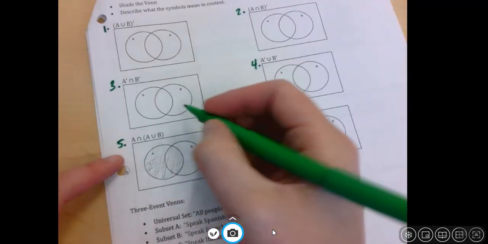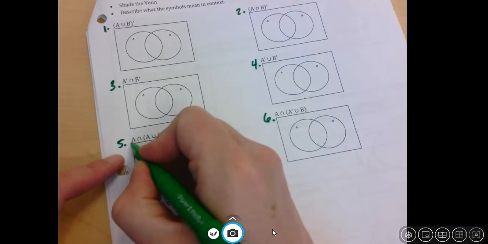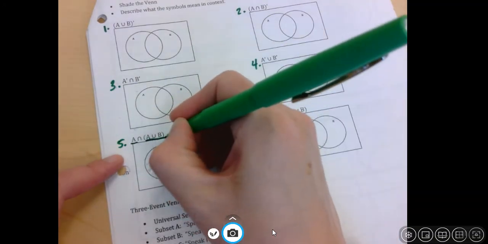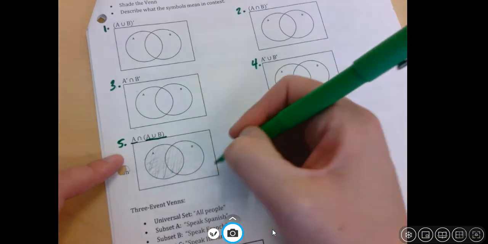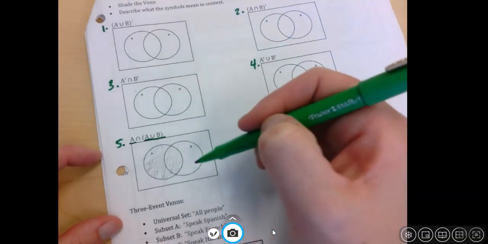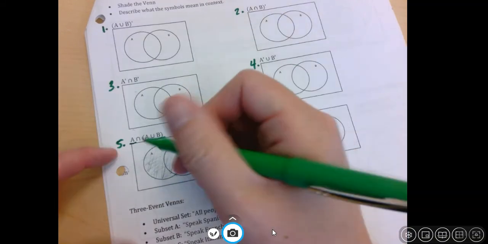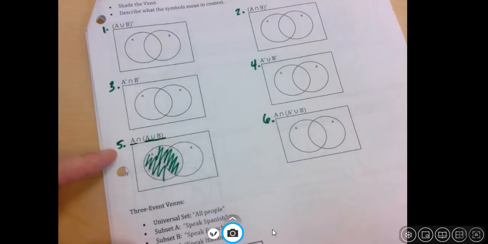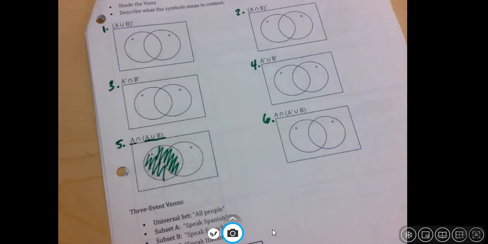So the first group I did was A, and that was all of this. Then I did A union B, which was both circles, and then the part that was in both groups, A and A union B, is just A. So it should be just A. Okay? Alright, so I'm going to pause the video for a minute while you guys work.